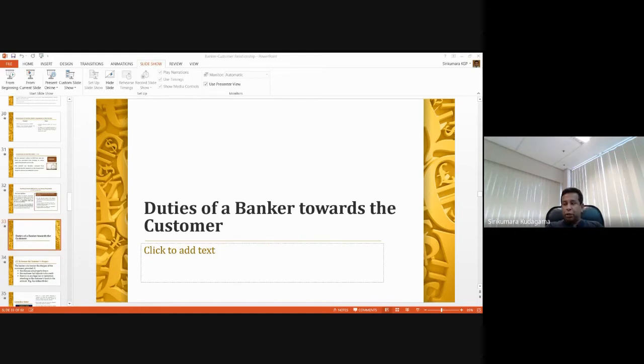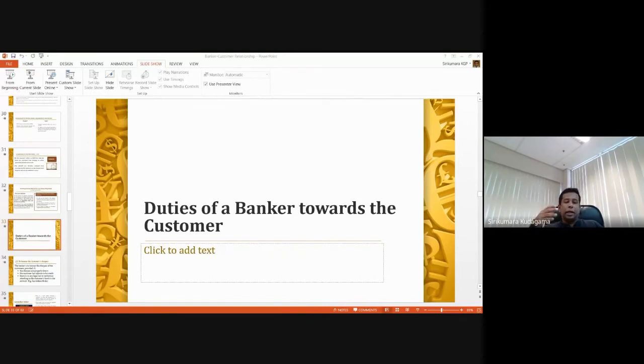That is Macmillan's duty. When it comes to Greenwood's duty, what it means is that if there is a fraud happening pertaining to the bank account, a customer is duty bound to inform the bank forthwith, immediately. Those are the two duties.